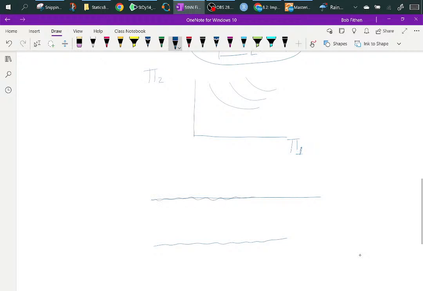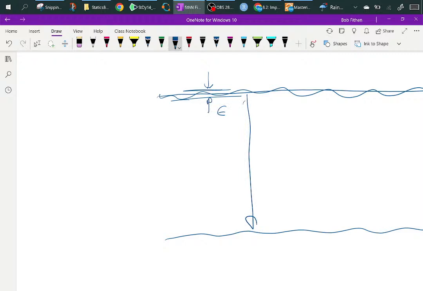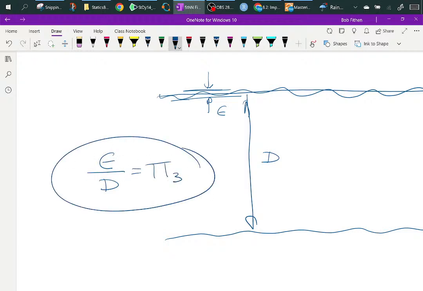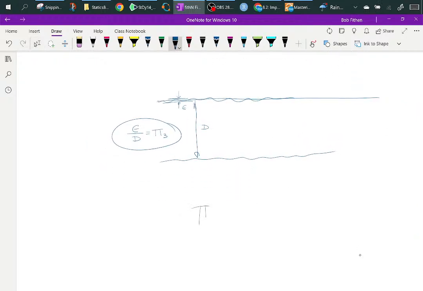If you have a rough pipe, you zoom in on the pipe, and you measure the relative roughness of the pipe over the diameter. So they came up with another non-dimensional term, like a pi 3. And so you end up with pi 1 is equal to some function, I didn't put the F in there, some function of pi 2, pi 3. And that's what you need for pipes.